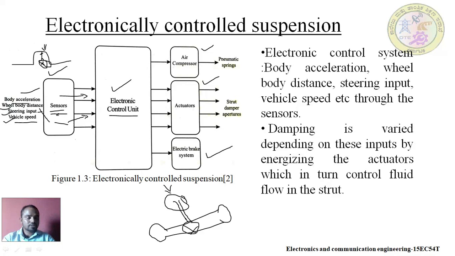Dear students, once we convert that physical parameter into an electrical parameter, now it's time to convert analog to digital. For that I use an ADC. If the sensor output is in digital form, then the same digital data can be directly fed to the electronic control unit.